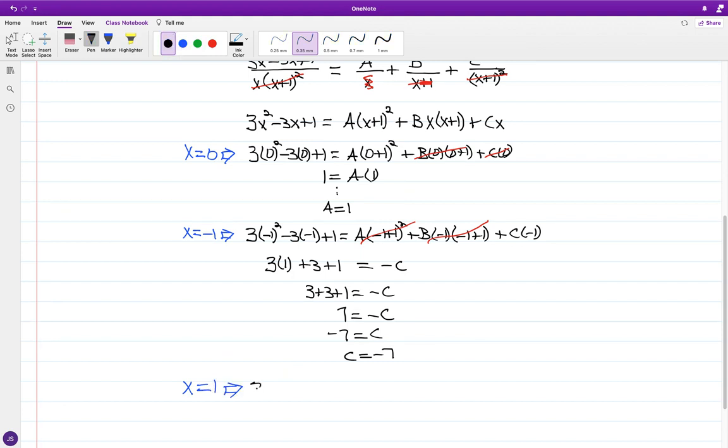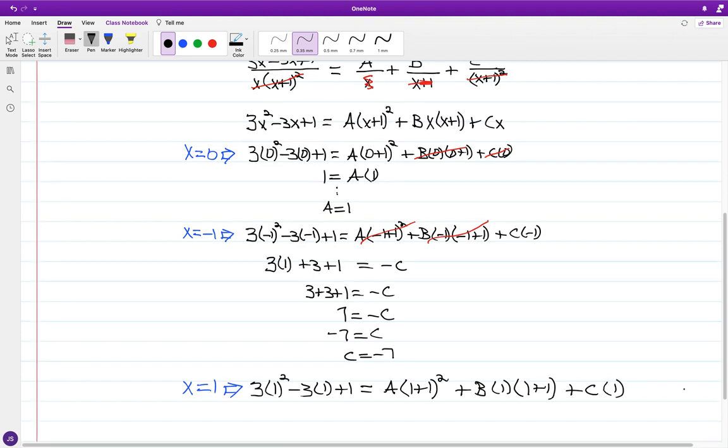If I plug in 1 for x, I'm going to have 3 times the square of 1 minus 3 times 1 plus 1, equal to a times 1 plus 1 squared, plus b times 1 times 1 plus 1, plus c times 1.